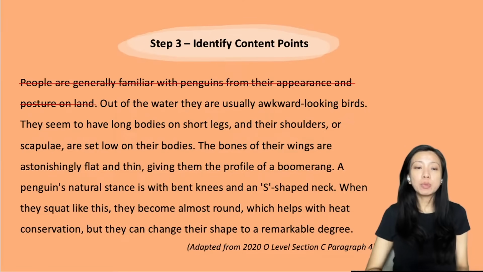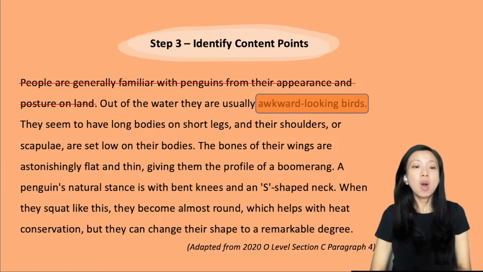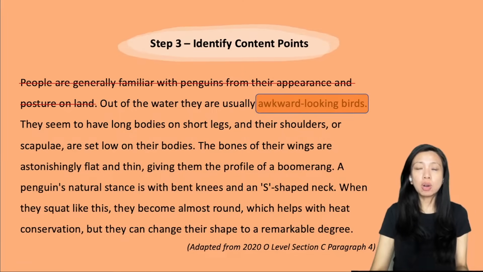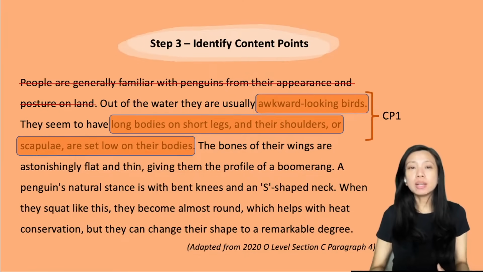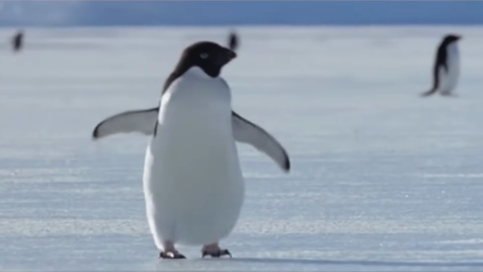So here I would pick out my very first content point, awkward-looking birds, because this tells us the appearance of these penguins. And if you notice, the following sentence actually gives us more information about how these birds look awkward. Long bodies on short legs and their shoulders are set low on their bodies. So I would actually consider this one content point because the 2 sentences describe how the penguins look very awkward.